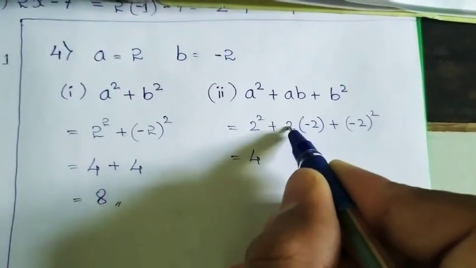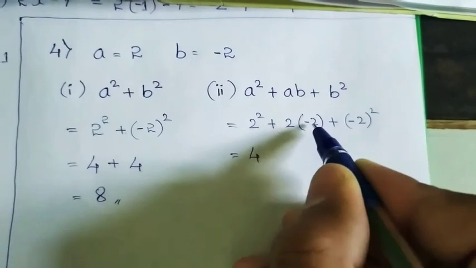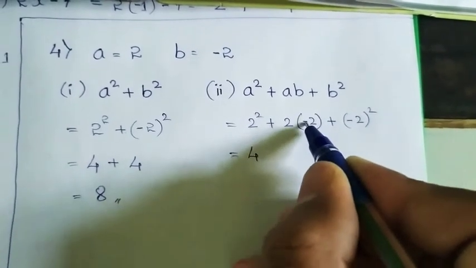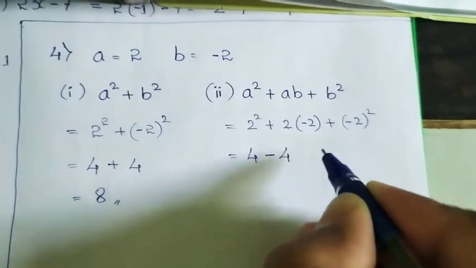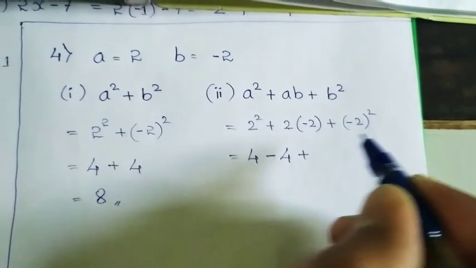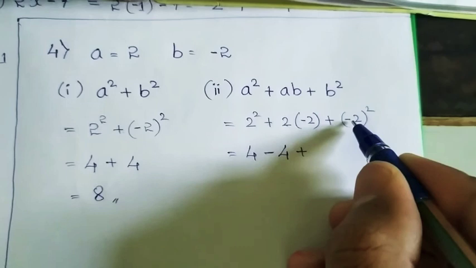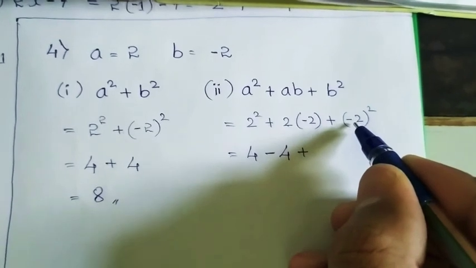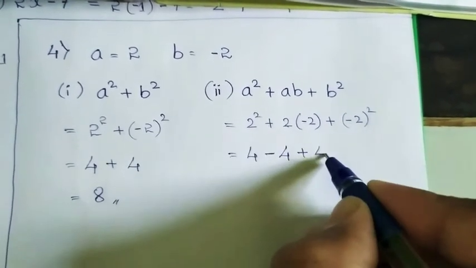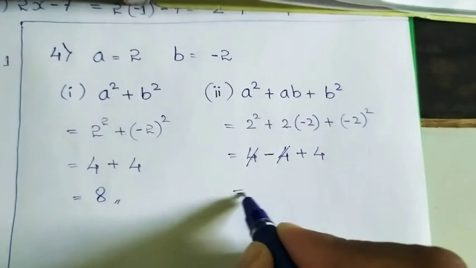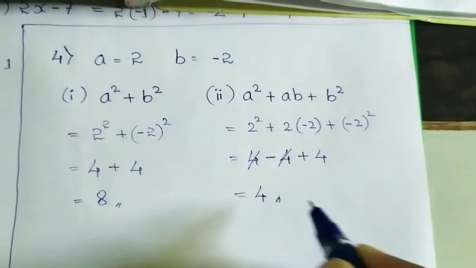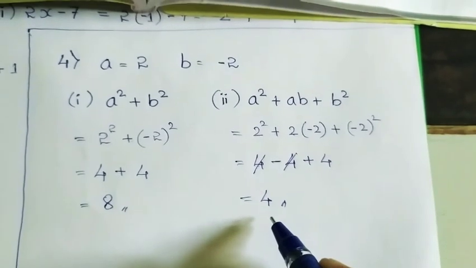See here in front of 2 it is plus, here minus. Plus into minus, minus 2 2s are 4 plus minus into minus plus, because here 2 times we have to multiply. 2 2s are 4. 4 minus 4 it will be 0. What remaining? Remaining will be 4. So our answer is 4.